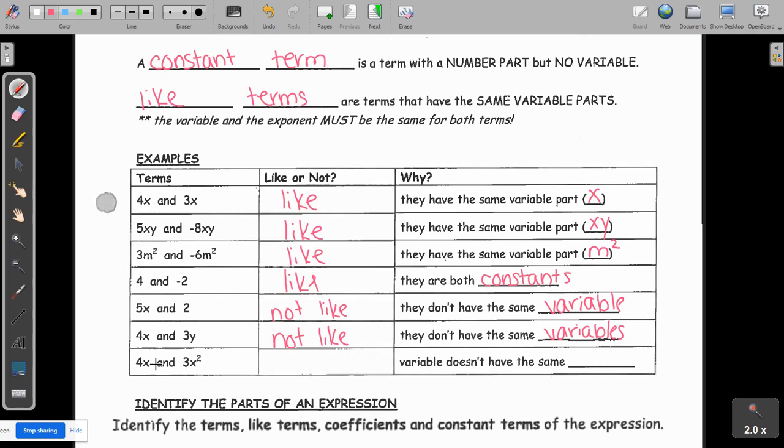The last one, 4x squared and 3x. Here we both have x's, which is good, but we have an exponent of 2, and this one does not have an exponent of 2, so they're not alike. So they do not have the same exponent.